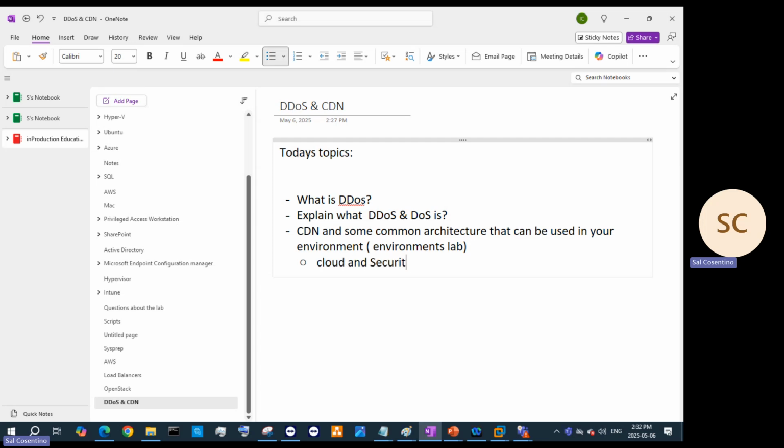These are some of the main focuses and main points of common architecture, and this is to help and protect against a typical DDoS attack. And when we talk about DDoS protection, it's a service as well.